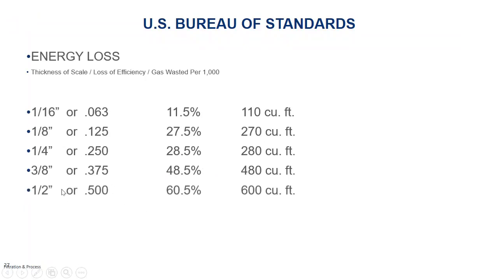Worse if it's electric. 1/2 inch of scale, 60%. Now think about that water heater full of scale with 8, 10 inches of this stuff. You're heating a lot of rock before you heat water. This is profound economic impact. Remember, this is not just going to happen on that water heater, but this is going to impact every water heating device in a building.